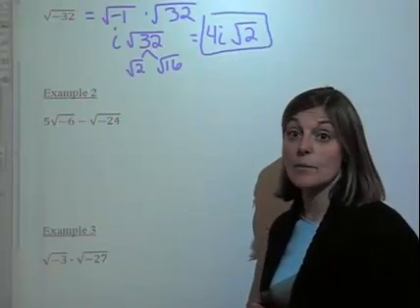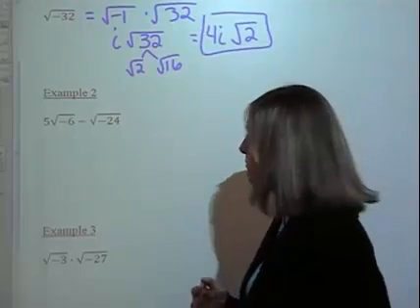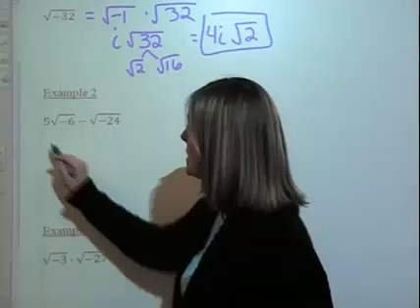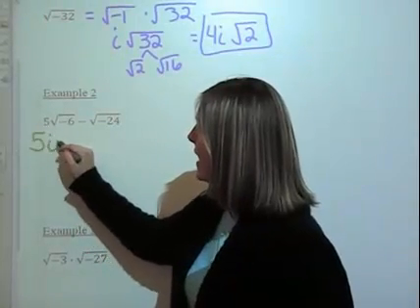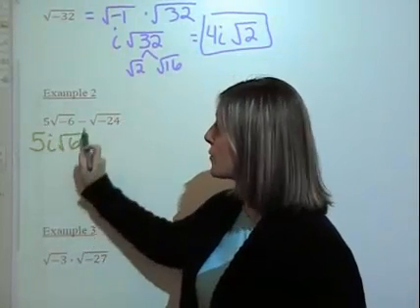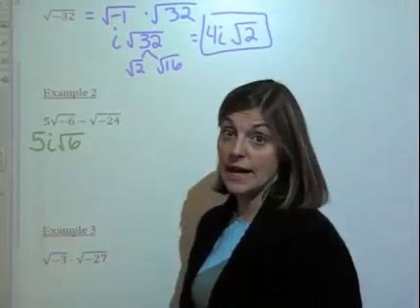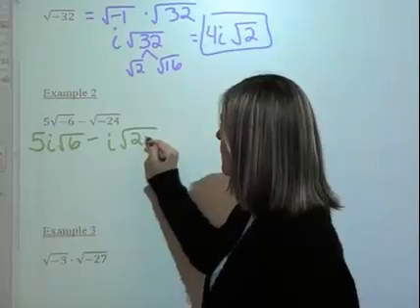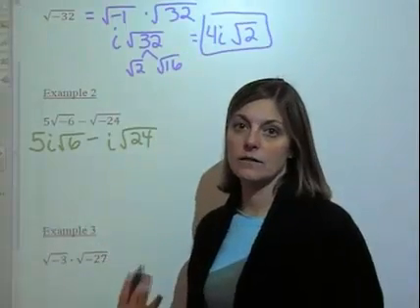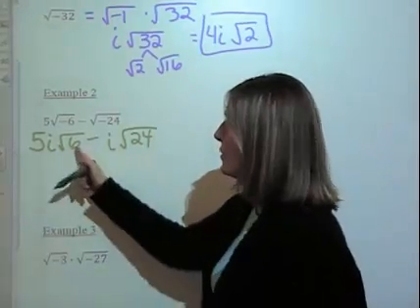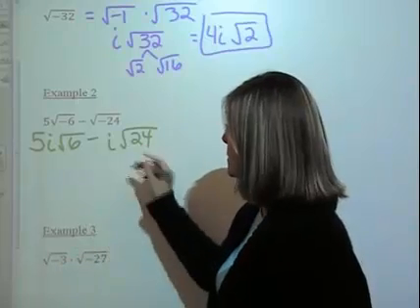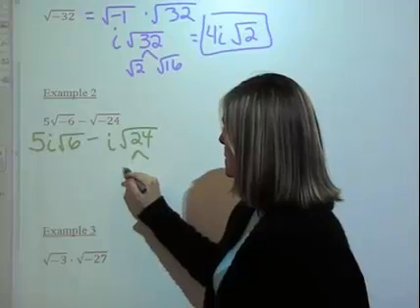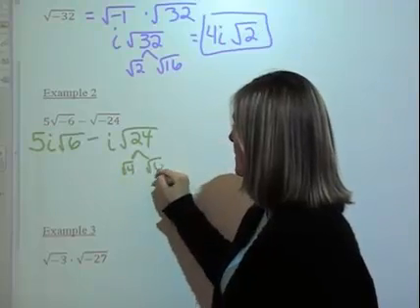Now let's take a look at example number 2. Again, we want to pull out the i first. So we can say 5i square root of 6, minus i square root of 24. Then we can go ahead and simplify that. The 6 isn't going to break down any further, but the 24 can break down into the square root of 4 times the square root of 6.